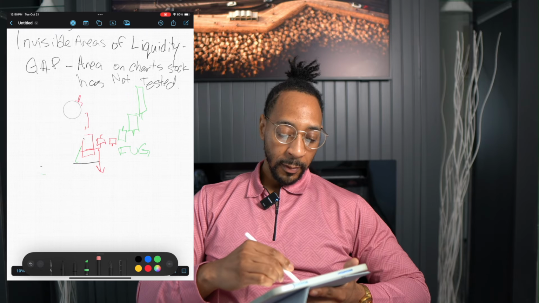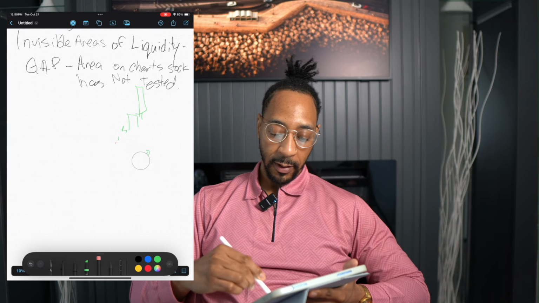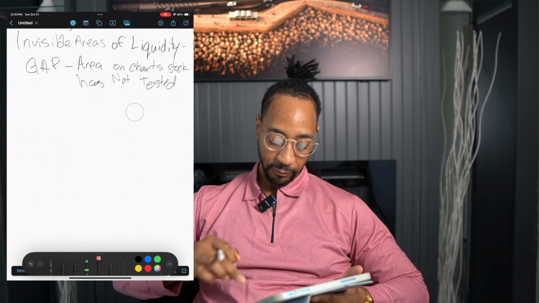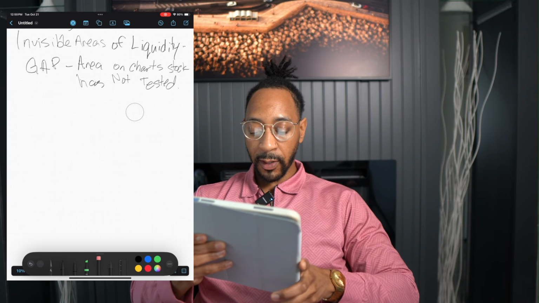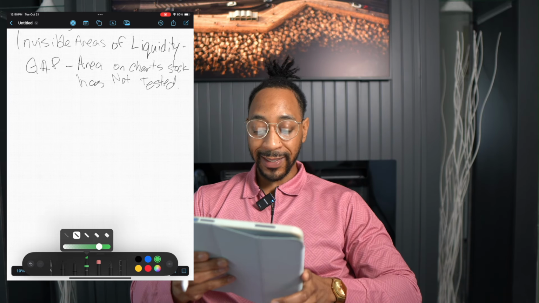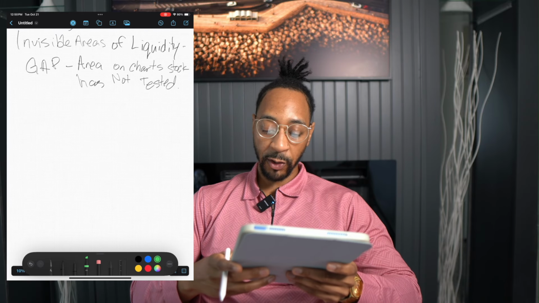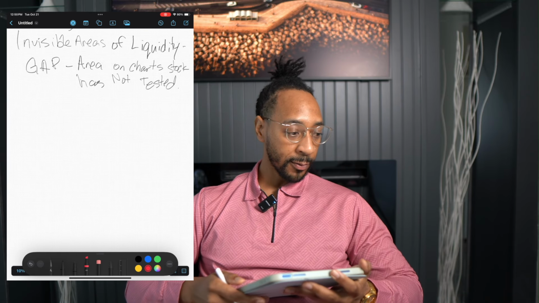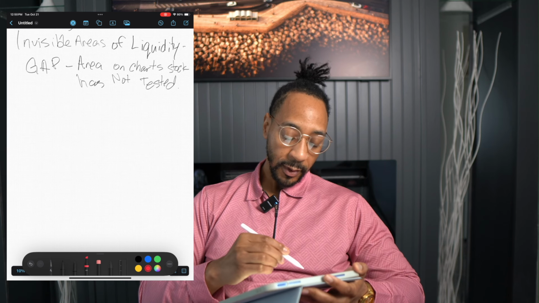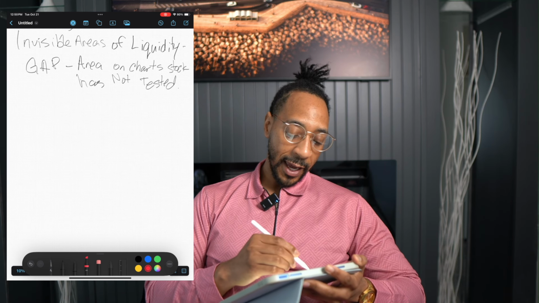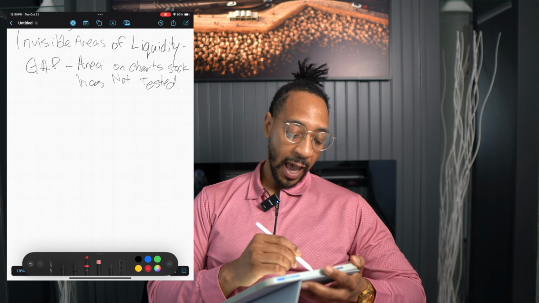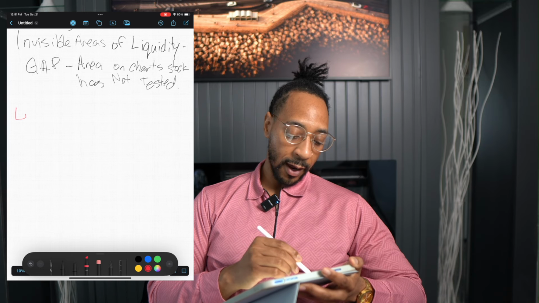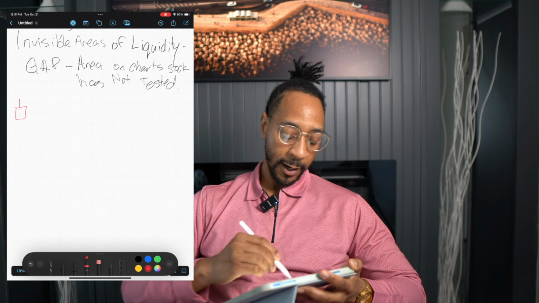Now, let's look at it to the downside. Okay? We're going to go to the downside now. It looks the exact same, but I want to still show you guys. So let's say still a 3-candle sequence. Let's say the stock is going down, right?